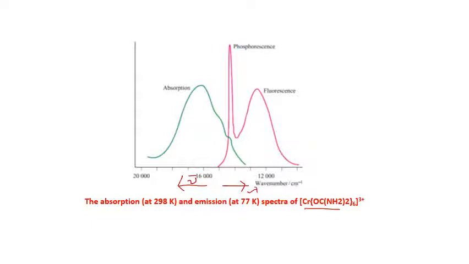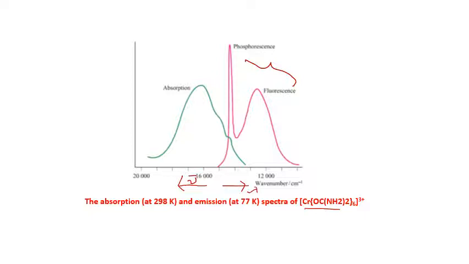So from the Jablonski diagram, what we have understood, you can compare here. These are the absorption spectra and these are called emission spectra. Emission spectra are always red shifted, always falling in the higher wavelength region as compared to the absorption. Absorption will always be in the higher energy region, around 16,000, but the emission spectrum will be in the low energy region or higher wavelength region, red shifted.